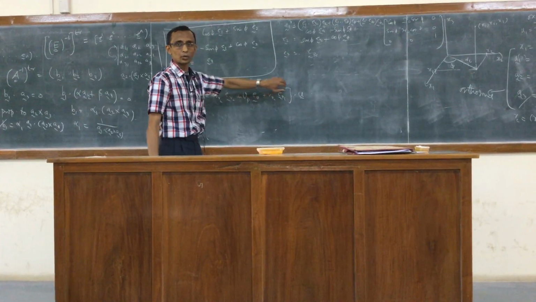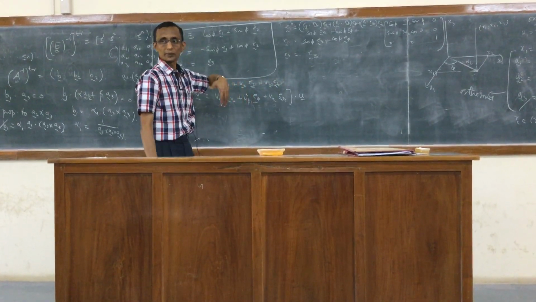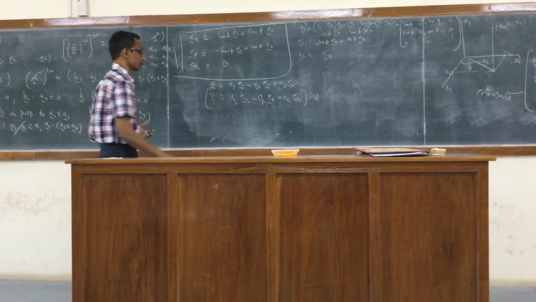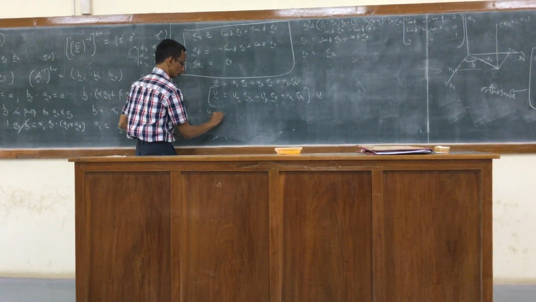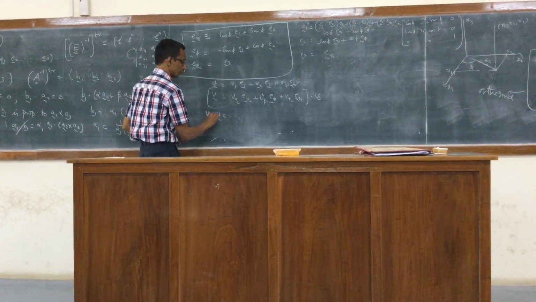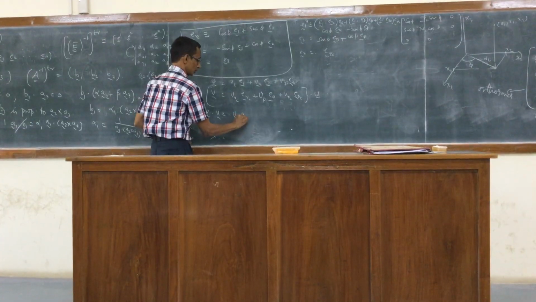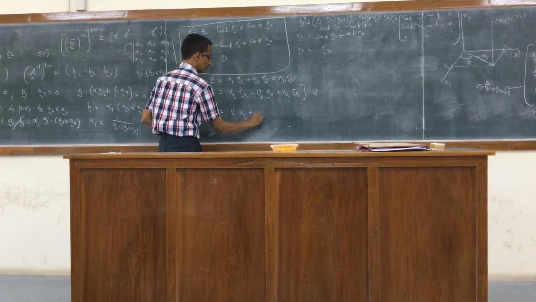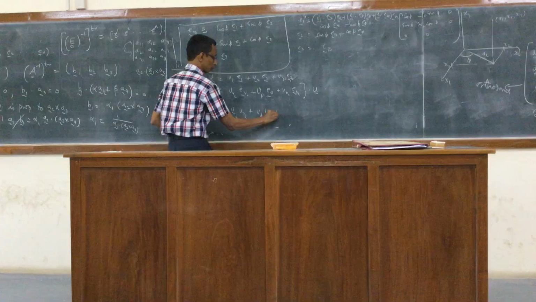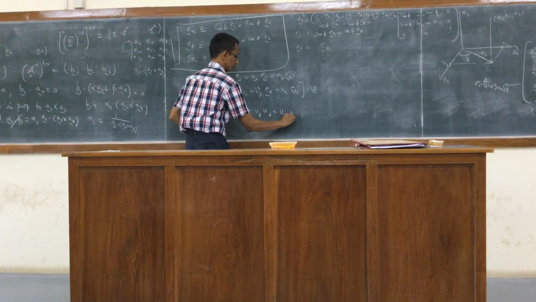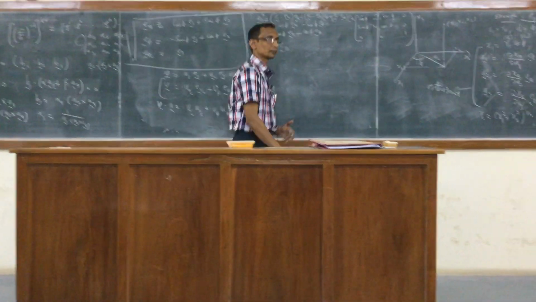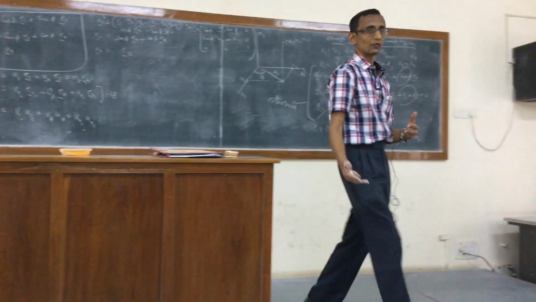Clearly, because of the orthonormality property of the cylindrical coordinate basis vectors, B dot U is simply equal to B_rc U_rc plus B_phi U_phi plus B_zc U_zc, that's what we would get.